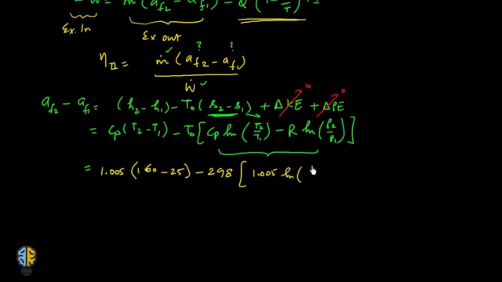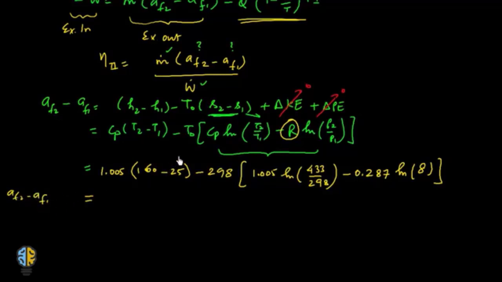Now this value has to be in Kelvin, so it becomes 433 upon 298, minus the value of R, 0.287, into log 8. So this is the whole value. Now you can do the magic with your scientific calculators. So AF2 minus AF1 will become 201 kilojoule per kg.